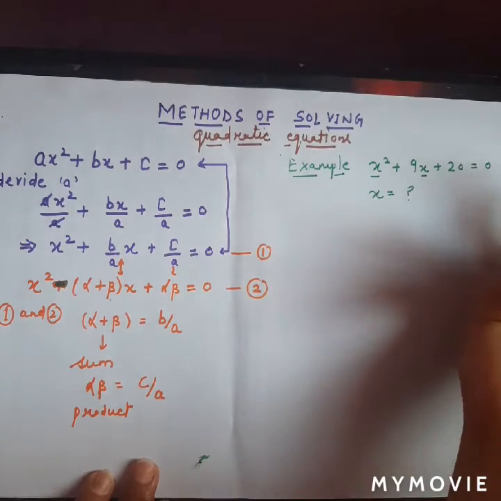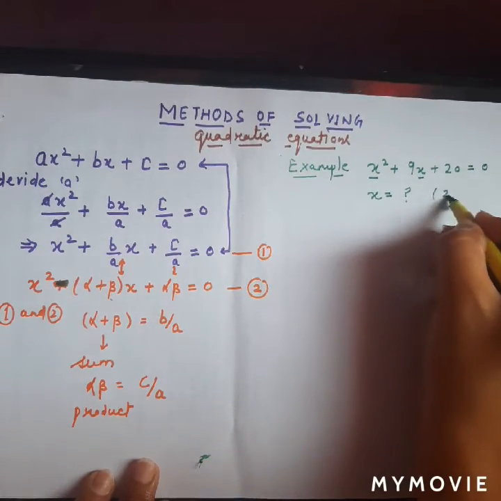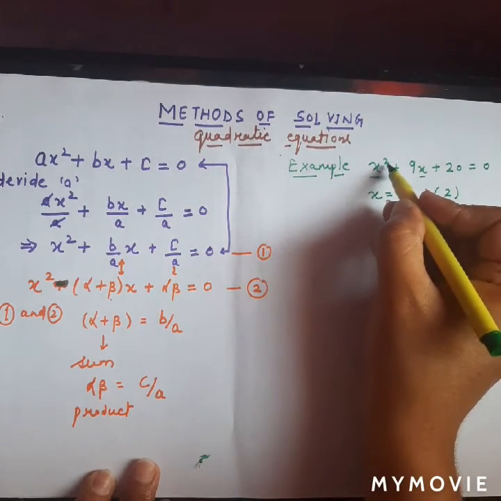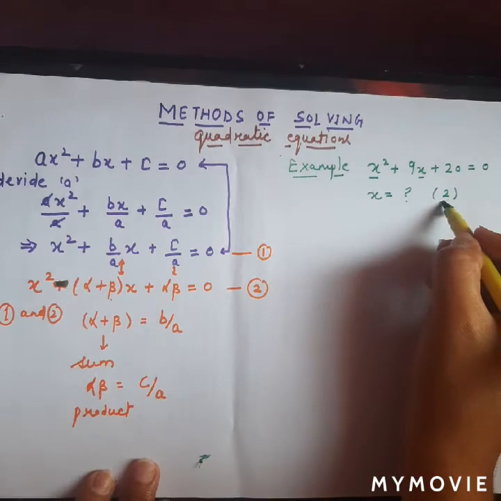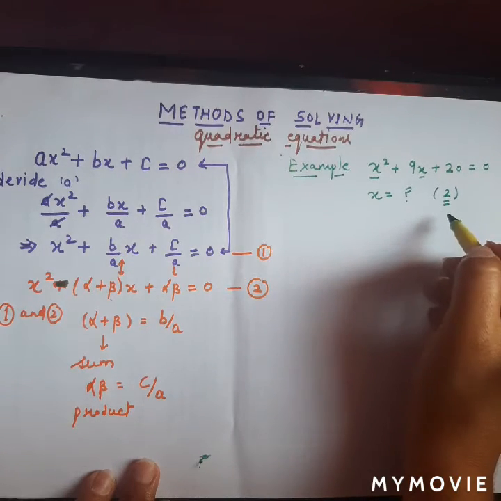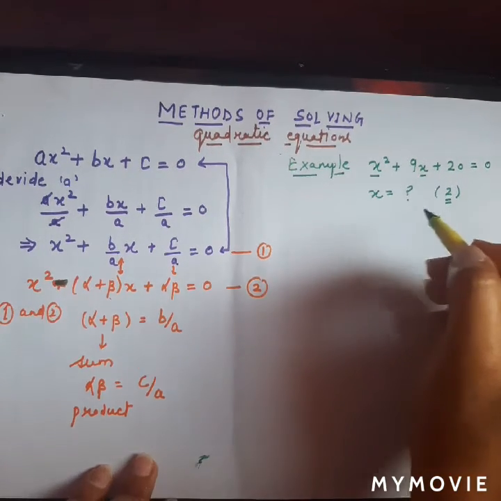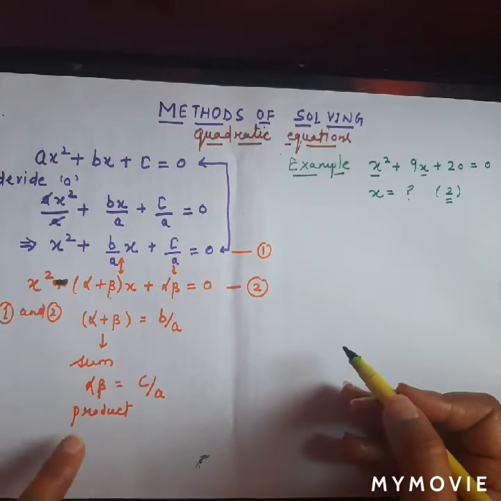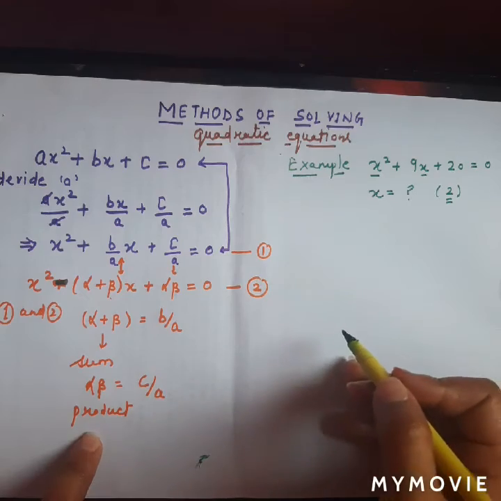How many values will we get? We will get two values, because a quadratic equation always has maximum power of 2, so we will have two values of x, right? And how do we solve this? By applying this method, the sum and product of the roots.